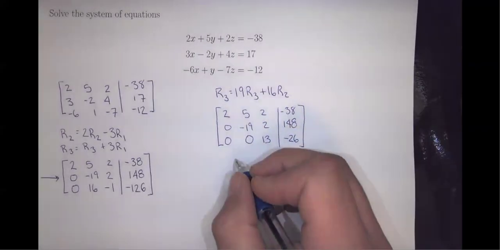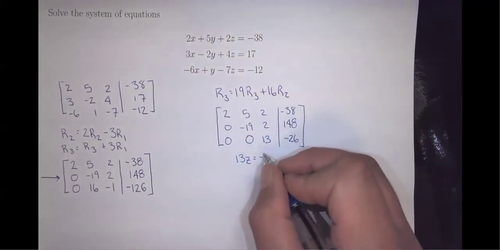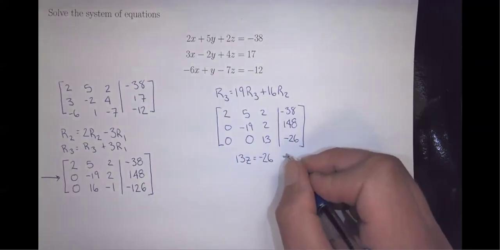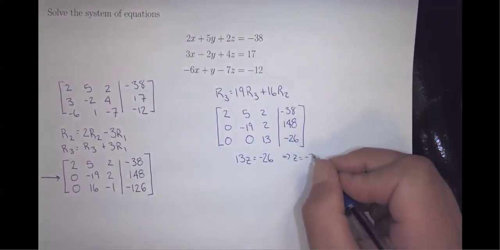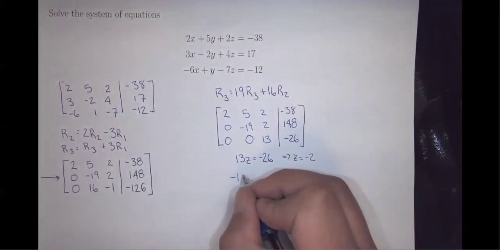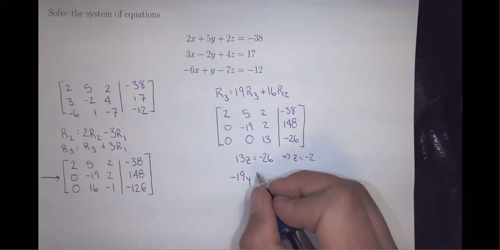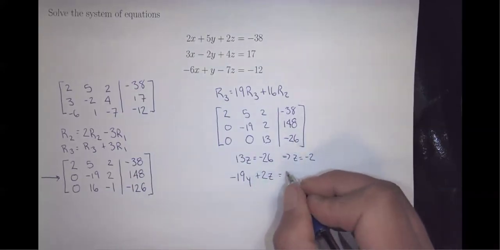And so we have 13z is equal to negative 26, or z equals negative 2. We have negative 19y plus 2z equals 148.